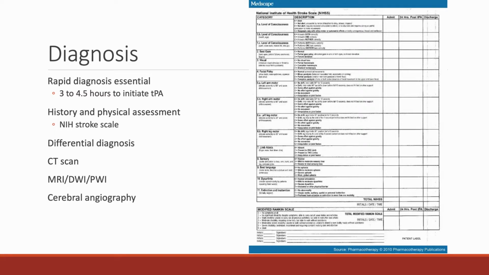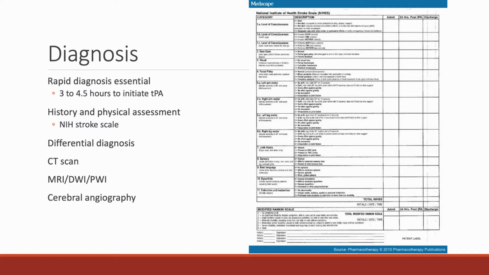So how do we make the diagnosis? Well, we have to make sure that we get to these patients right away so that we can consider TPA. And there's a whole checklist that we have to use in order to figure out if patients qualify for TPA. And part of that checklist is using the NIH stroke scale, which is shown to the right here.